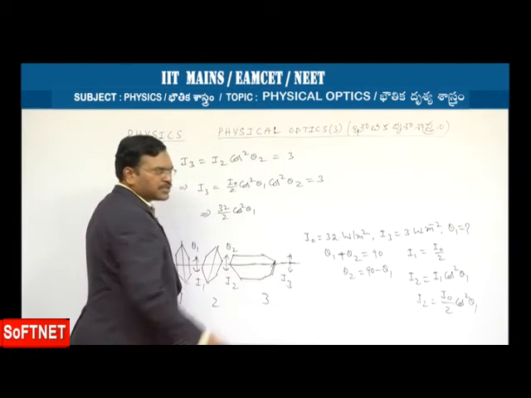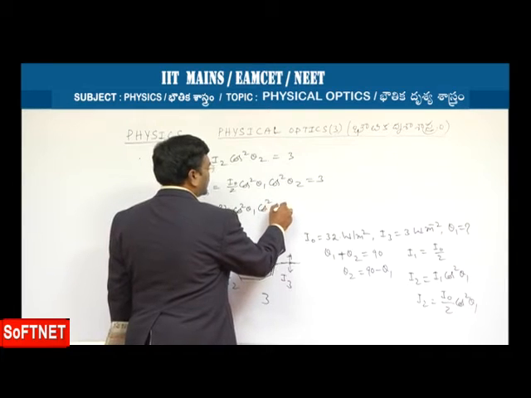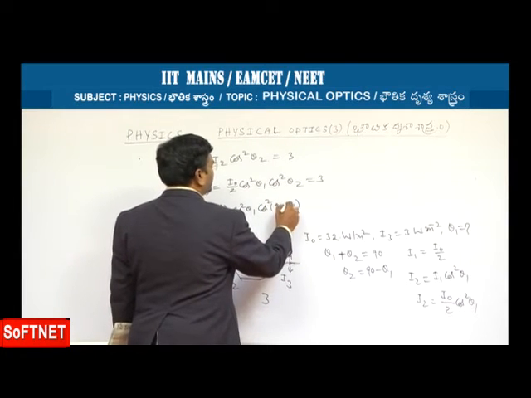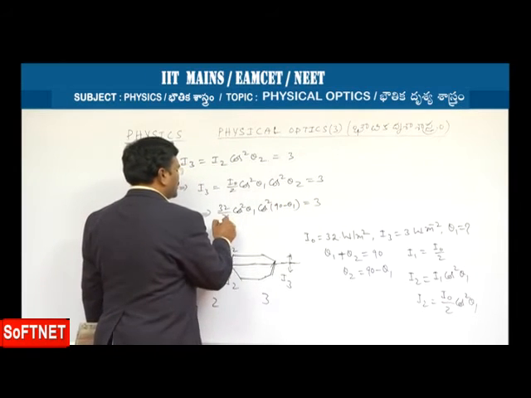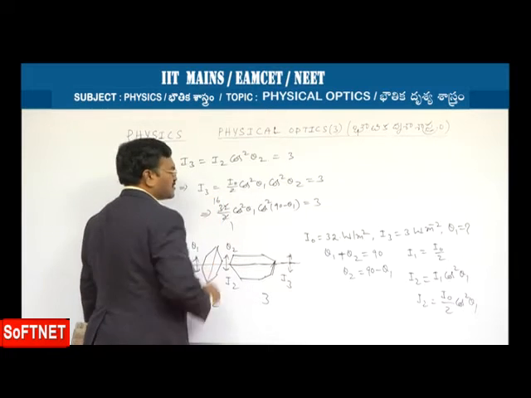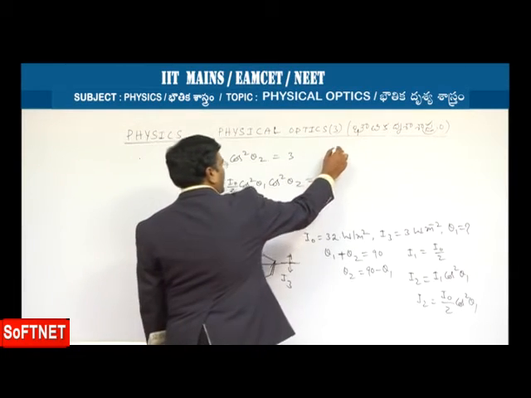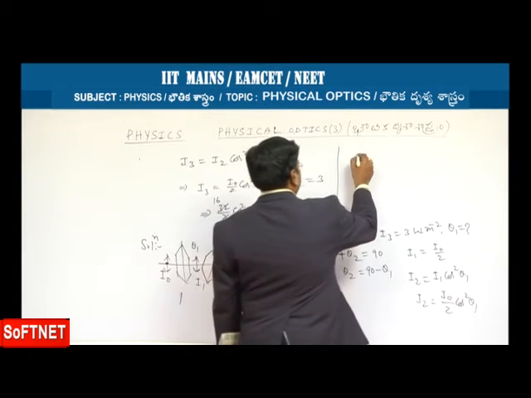Now theta 2 is 90 minus theta 1, so cos square of 90 minus theta 1 is equal to 3. From this, 32 by 2 is 16.